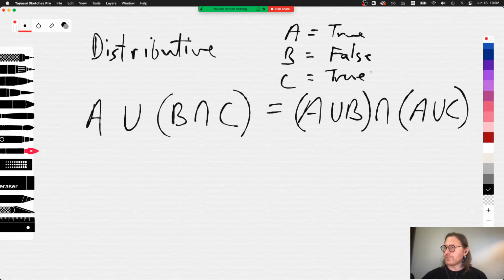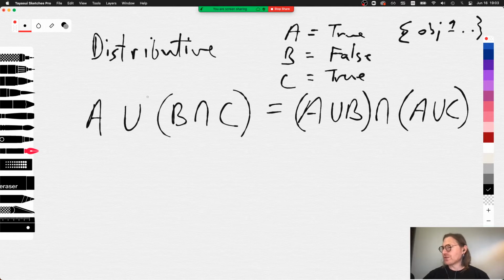Keep in mind that this will be equally valid if A is a set of objects, like object 1, 2, and 3, and so on, and B is a set of objects, C is a set of objects. This property will still hold true. But I'm just going to verify this by looking at it as if it's solely a Boolean expression. But it will work for sets as well.